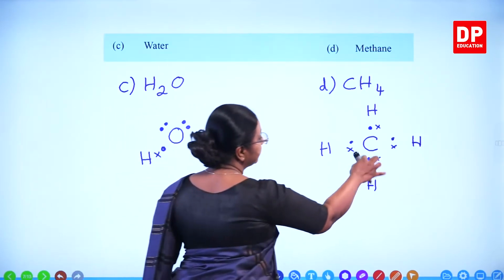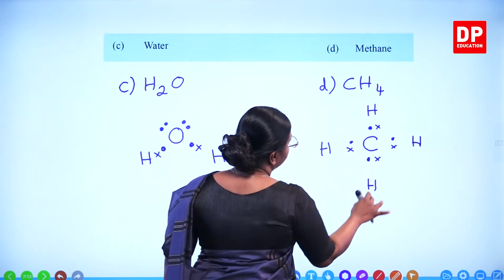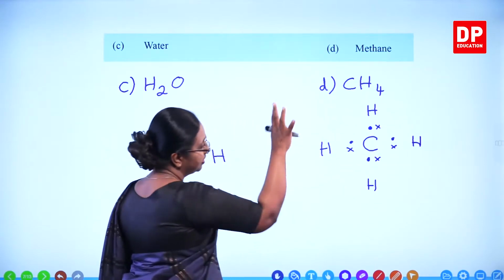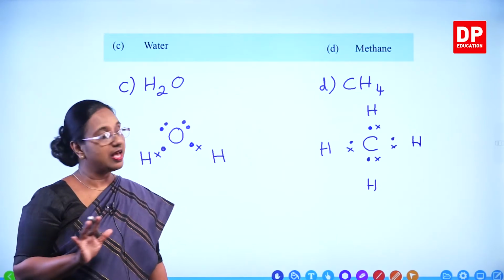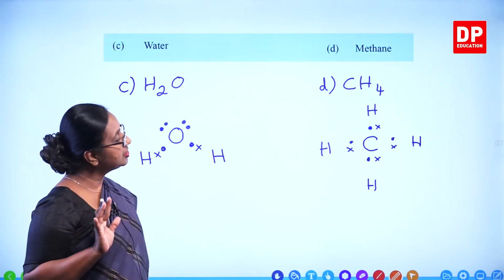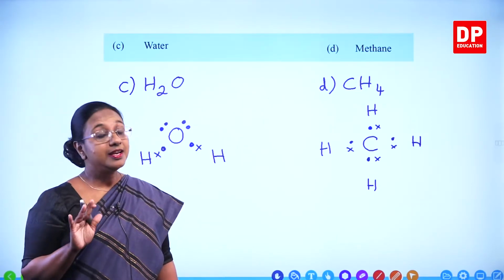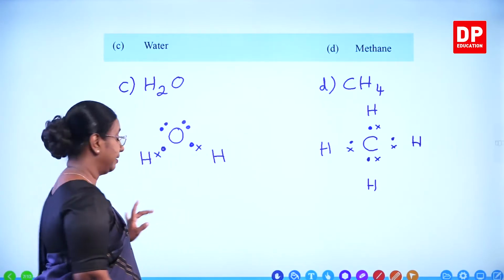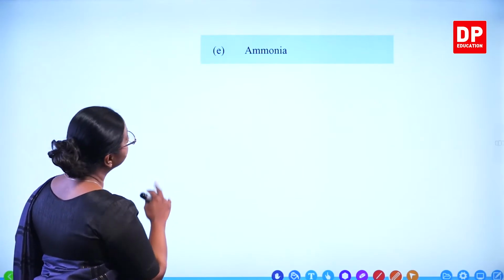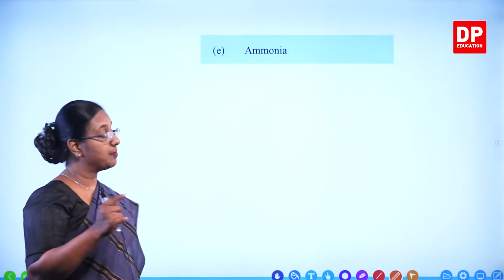So here you can see central atom carbon. We have arranged the 4 hydrogens in a way that there is symmetry between the atoms, and the electrons are distributed nicely. Is that clear to you all? So water and methane. Then we move on to the last one, that is ammonia.